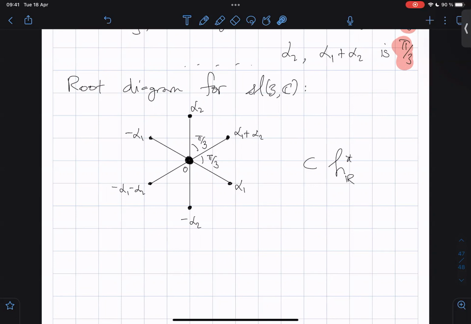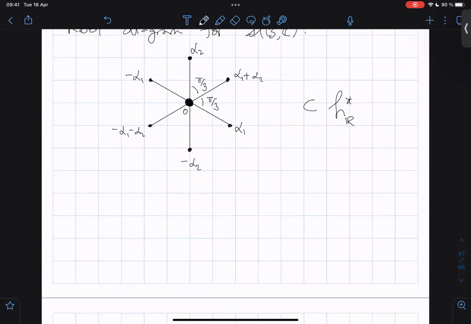Okay, so a couple of observations here. Vector addition, in the diagram, corresponds to the Lie brackets. I'll put this in quotations.